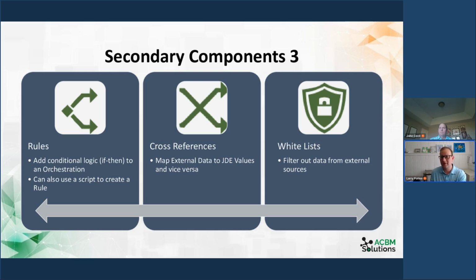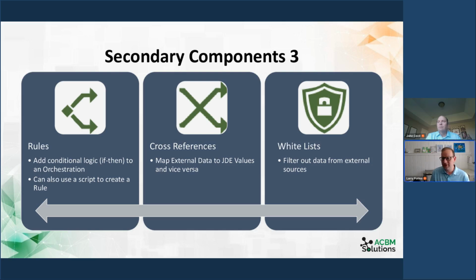They can just send over whatever their value is, like the account ID in Salesforce, right? They would send over that account ID from Salesforce, and your cross-reference would automatically be able to look up the proper corresponding address book record in JD Edwards, because when we created the address book record, we created the cross-reference as well. So it becomes a self-maintaining tool to keep these maps up to date all the time.